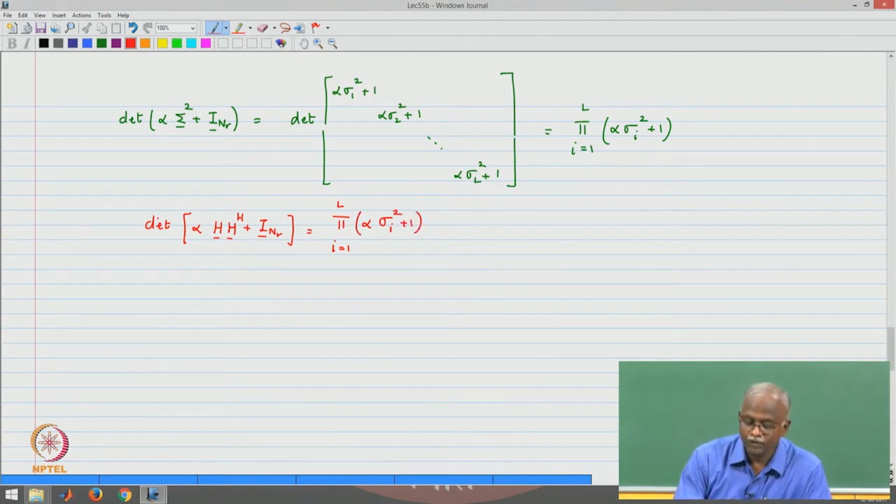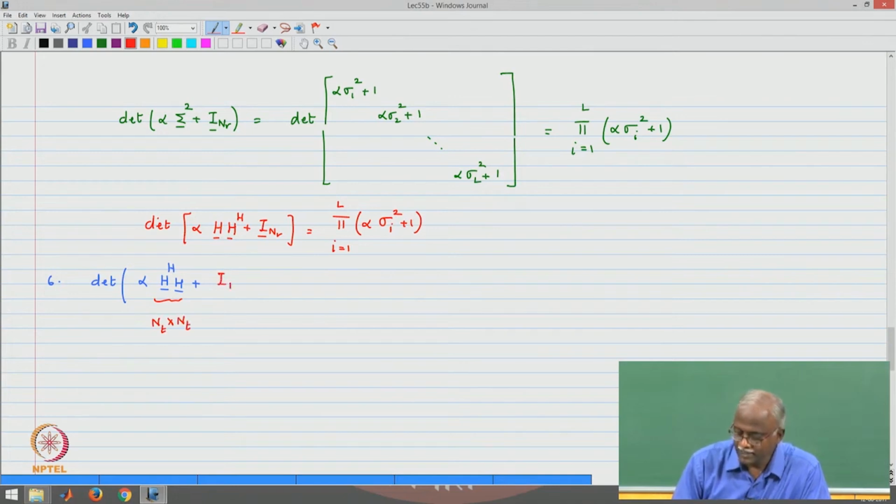Okay. Now, the last of the properties: look at a different expression, the determinant of alpha, instead of H H Hermitian, now H Hermitian times H. This has a dimensionality which is NT cross NT, so this would be plus I_NT.